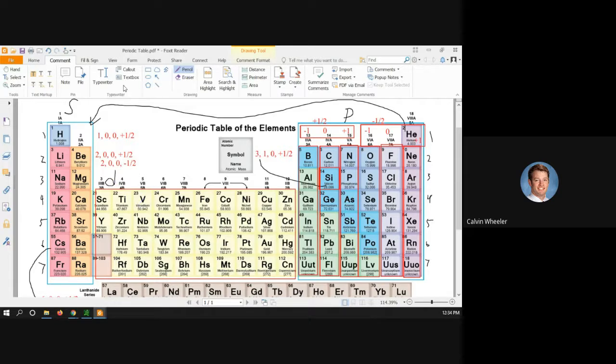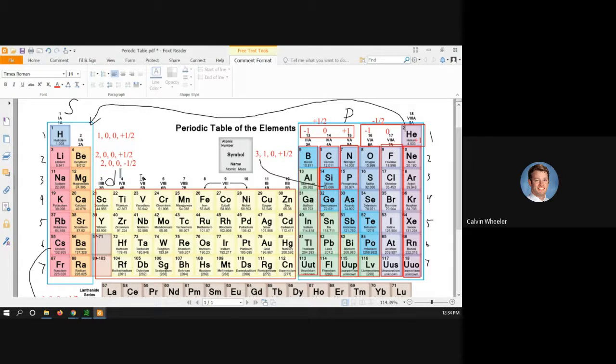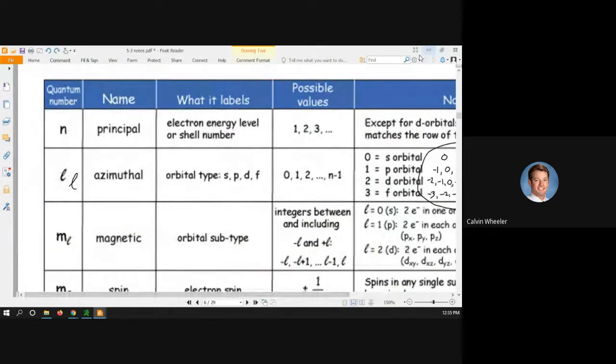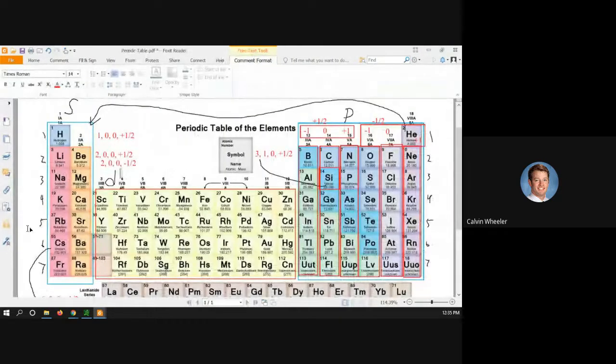For the D block, N is equal to the row minus 1.